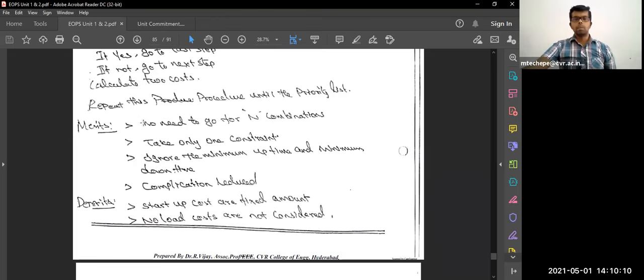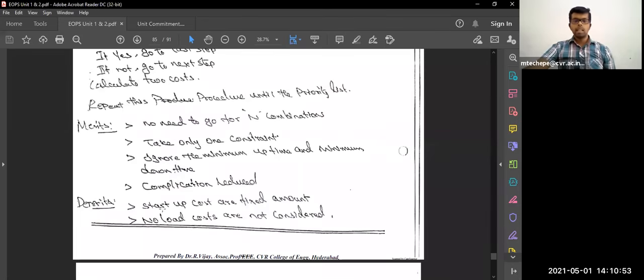In this method we are taking only one constraint. Next, ignore the maximum uptime and maximum downtime constraints. Complications are reduced, because we are not going for n combinations and only one constraint is taken into account, so complications are reduced in this priority list method.